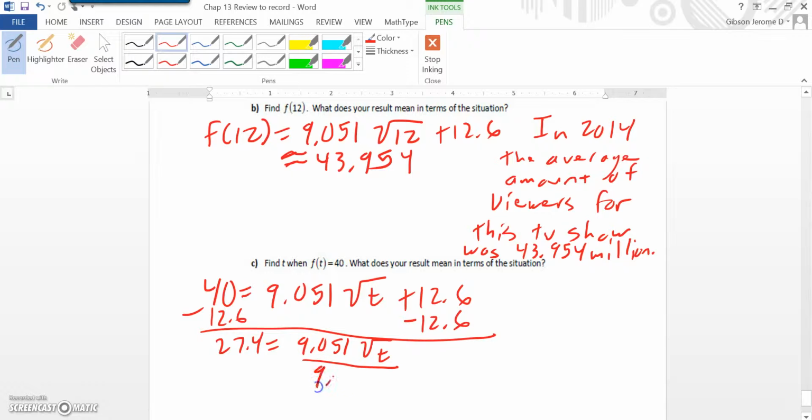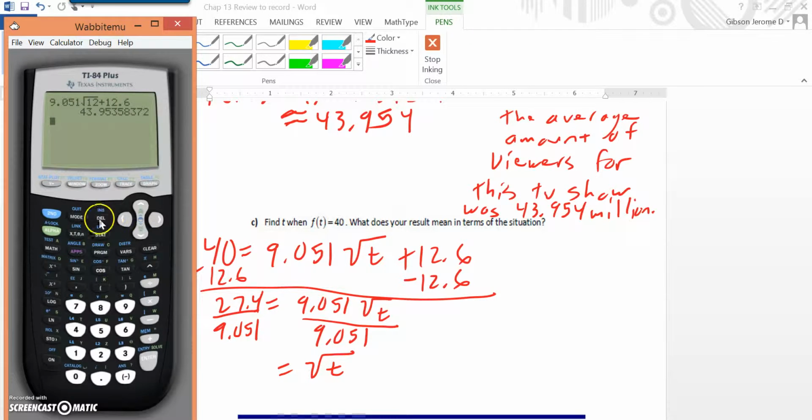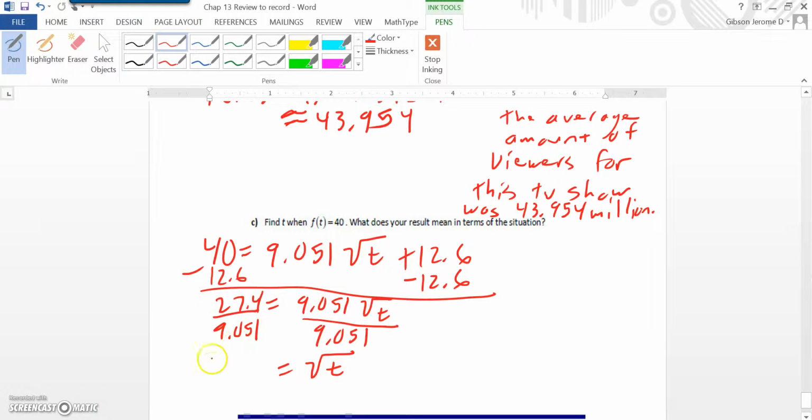Now we would divide each side by 9.051. And we know on the right side we will have the square root of t. And then we could take 27.4 and divide it by 9.051. And if we round to 3 decimal places, that'll be 3.027.